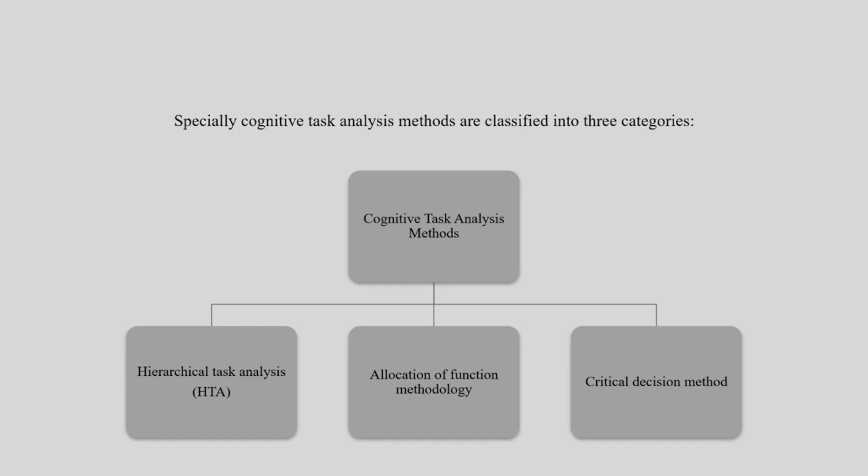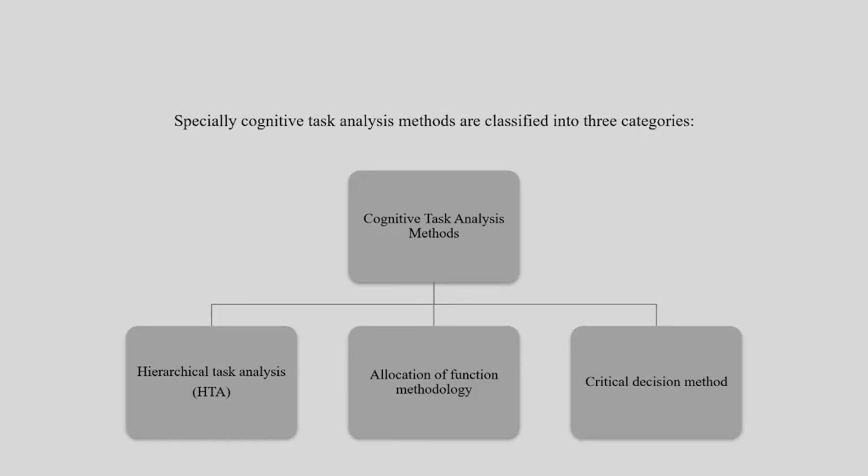It is not only used in the field of design or industrial engineering; in many subjects and streams, this method has been used for years. Then next is allocation of function methodology, and then the critical decision method. These 3 we will be discussing separately.